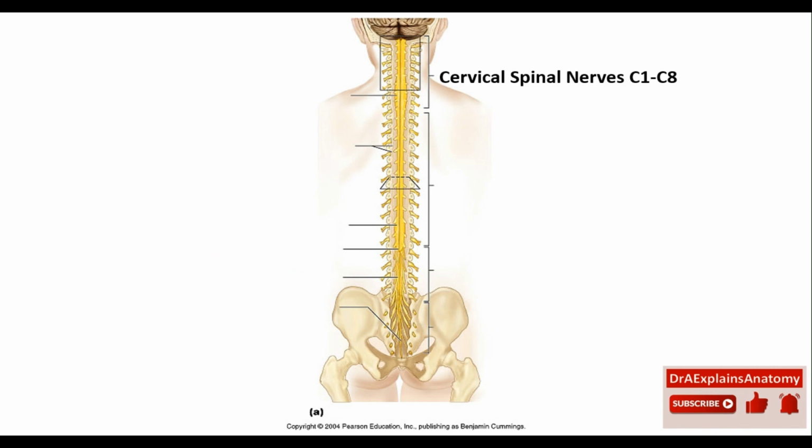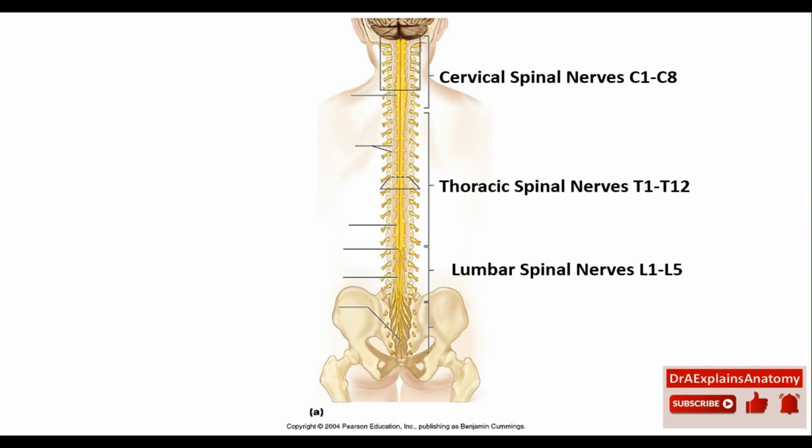Moving to the spinal nerves, first we have the cervical spinal nerves, C1 through C8. Then we have the thoracic spinal nerves, T1 through T12. And then we have the lumbar spinal nerves, L1 through L5.